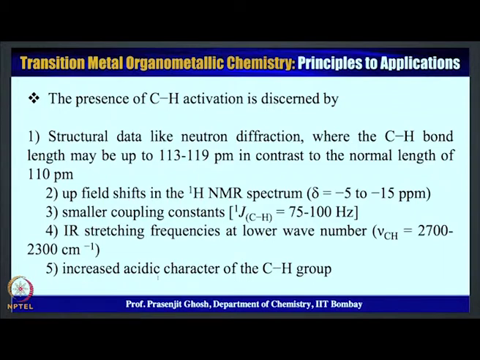Now, let me summarize the points that we have discussed in this particular lecture. We began by looking at various types of CH activation examples that are known. In the start, we looked at intramolecular CH activation, which was an orthometallation type CH activation, in which an ortho hydrogen of an aryl ring oxidatively added onto the metal center.